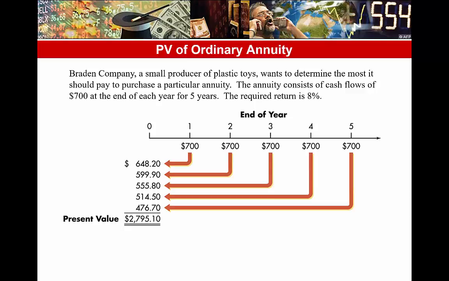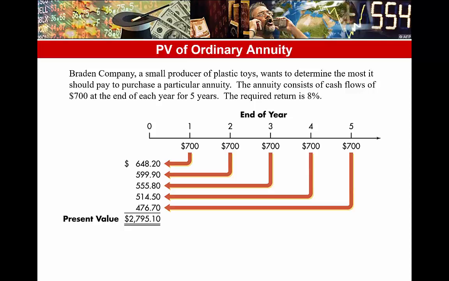In this slide, we will demonstrate the calculation of the present value of an ordinary annuity. We will do this through an example. In this example, Braden Company, a small producer of plastic toys, wants to determine the most it should pay to purchase a particular annuity.